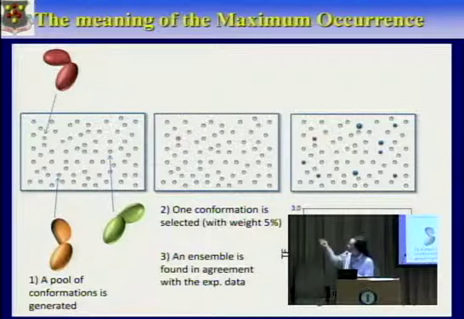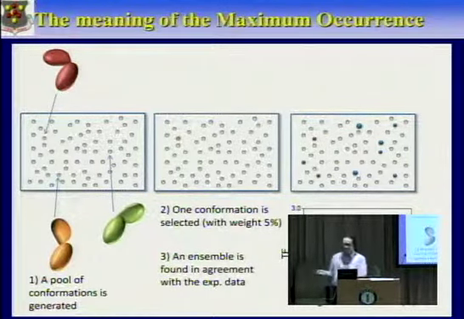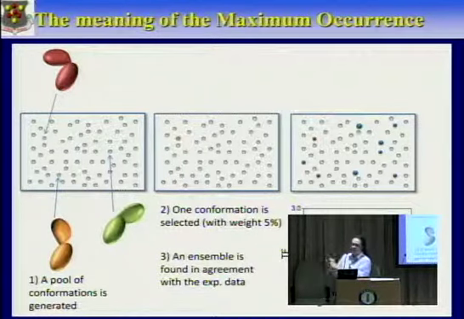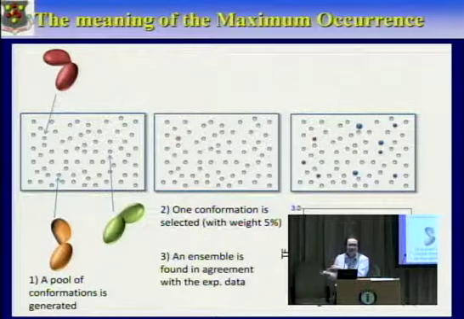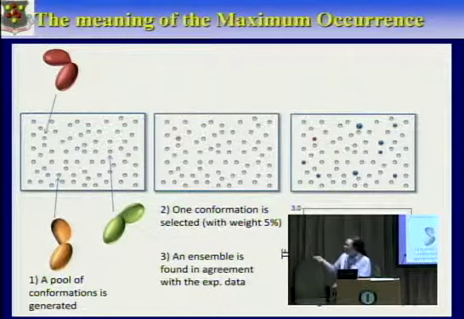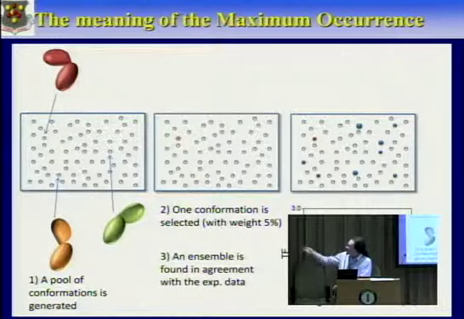So what does this term maximum occurrence mean? What we do is we don't build one single ensemble. This is also another peculiarity of this approach, but we build several tens or even a few hundreds of different ensembles, which are all centered around one conformation. So basically, at the beginning, we generate a large pool of possible different configurations.